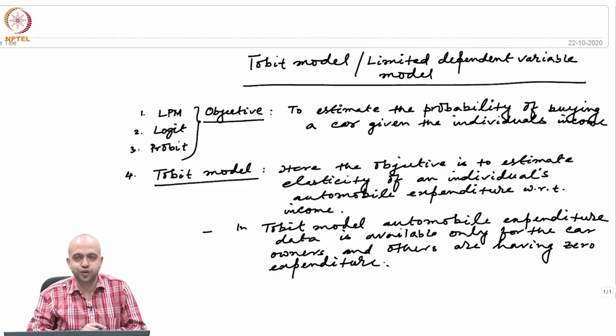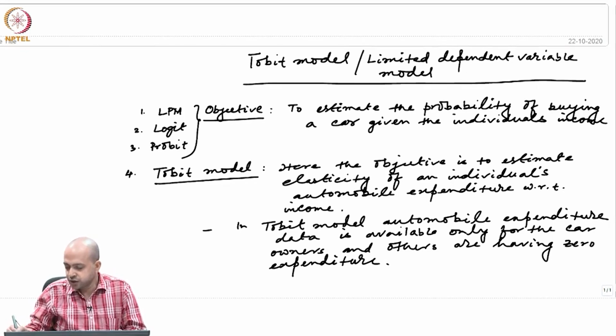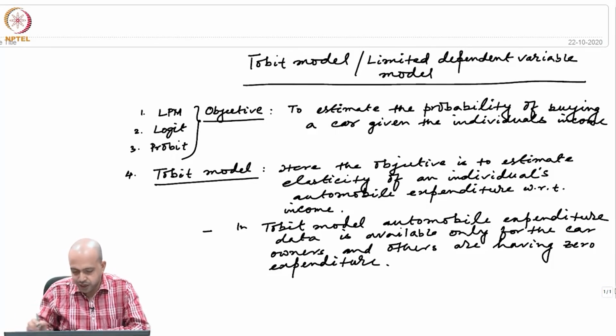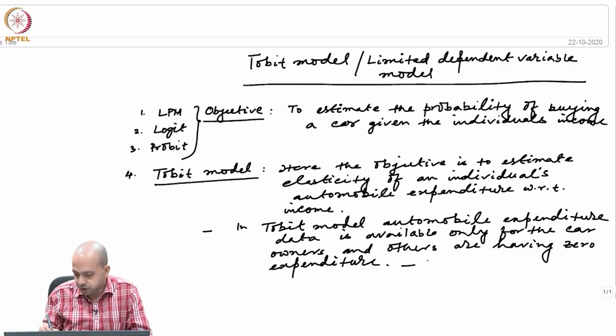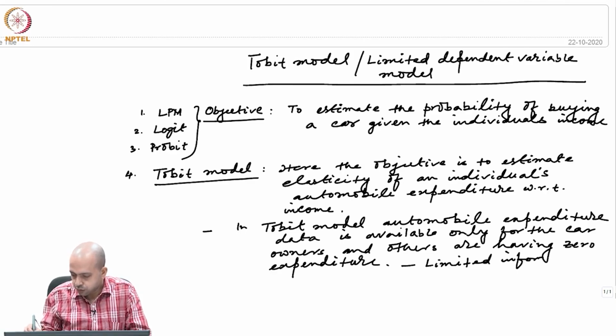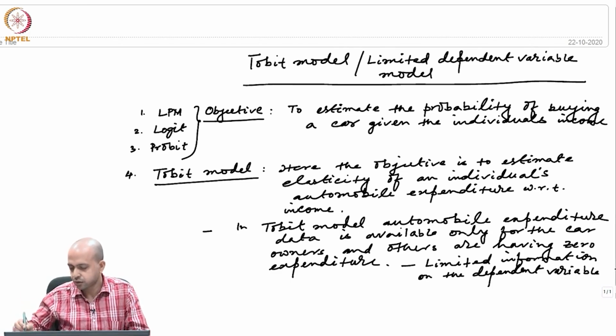I cannot observe their expenditure. Now, the question is, how will you model this situation? That is why the name limited dependent variable: limited information on the dependent variable.